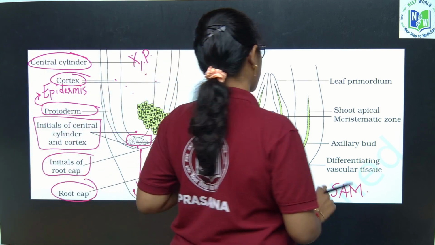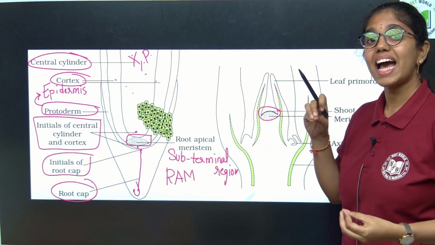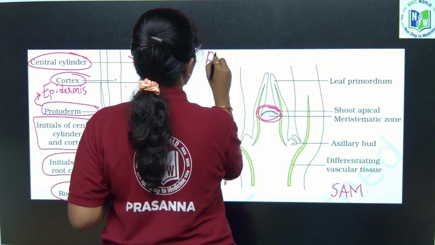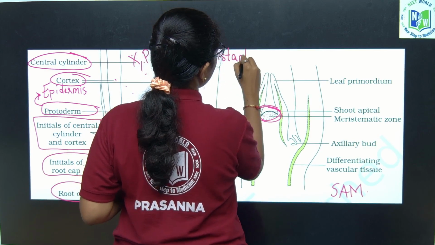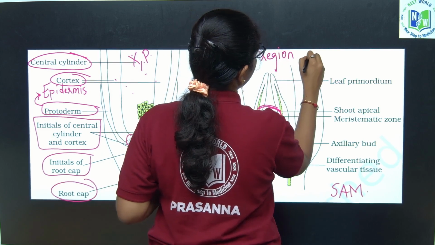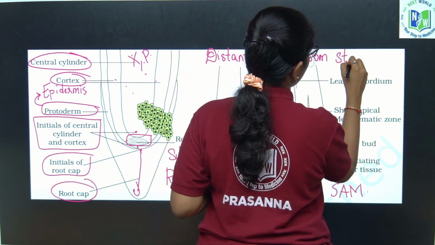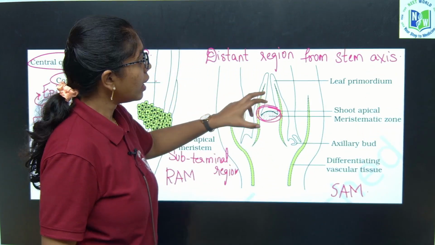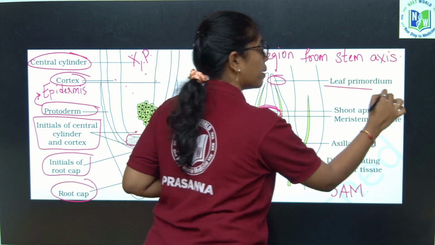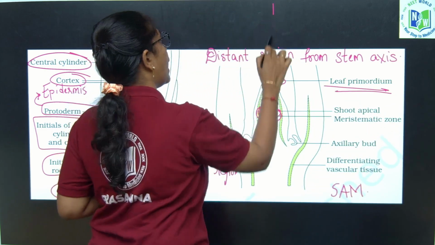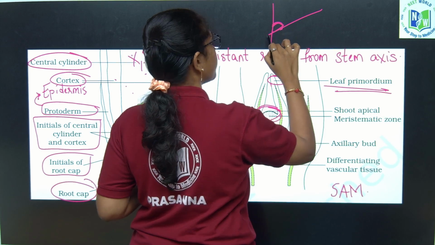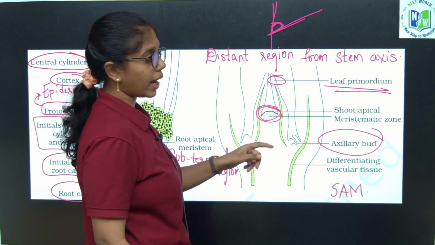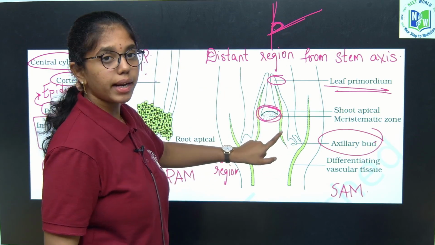Coming to shoot apical meristem. Shoot apical meristem is at the distant-most region from the stem axis. Above it you have leaf primordia, and at the axillary region, the angle between the stem and the main branch, the axillary bud is formed.